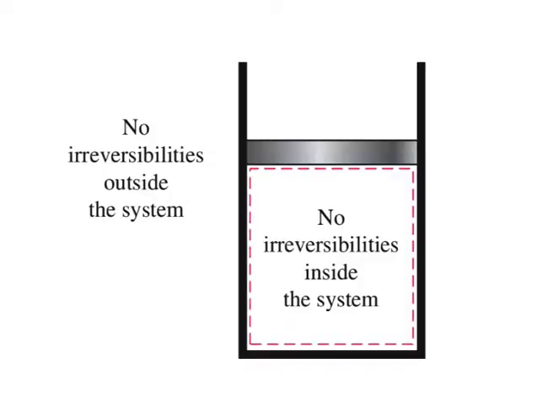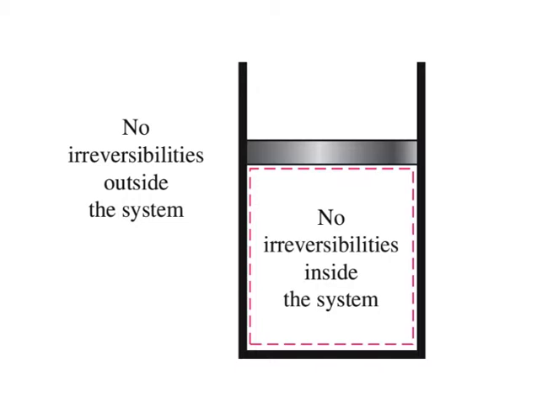A process is called totally reversible, or simply reversible, if it involves no irreversibilities within the system or its surroundings.